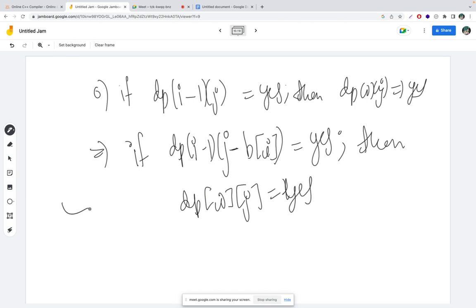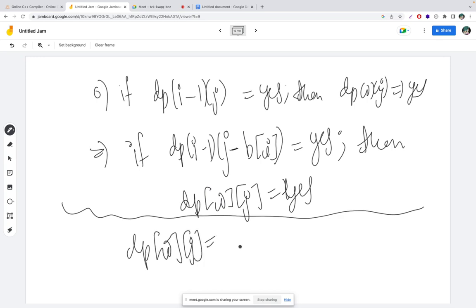And if both of these are not fulfilled, then it is no. Clear? I want each one of you to write in the chat. Then we will proceed further.